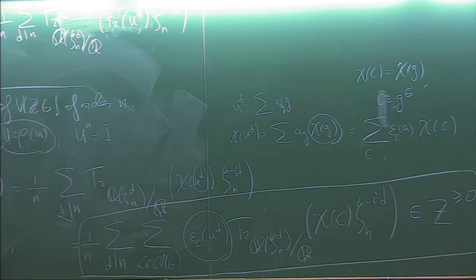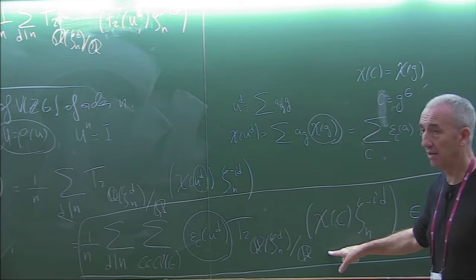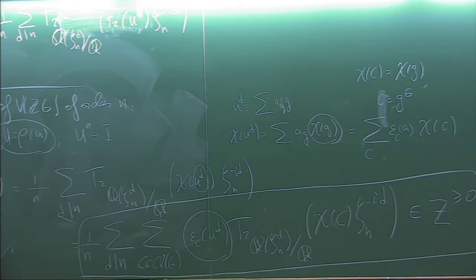Okay? And this is the base of the HeLP method. The numbers that we want to show are non-negative integers satisfy this property. Okay? So I can do the following.